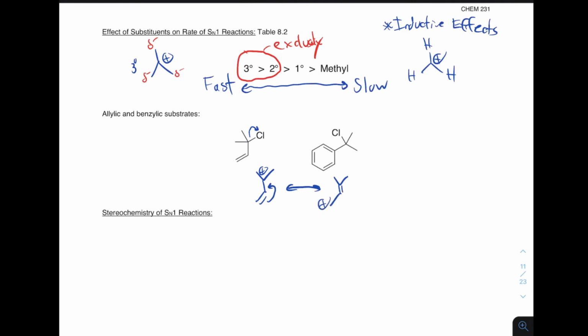So we can do this for allylic carbons, so carbons next to a double bond, and benzylic carbons, carbons next to a benzene ring or an aromatic group, because they can do resonance with the carbocation intermediate. And so these will be faster than tertiary carbocations.